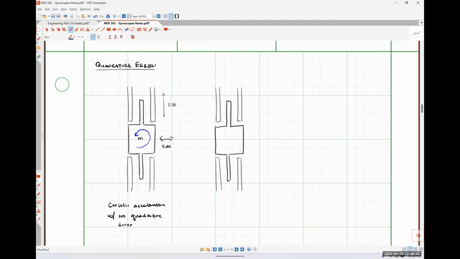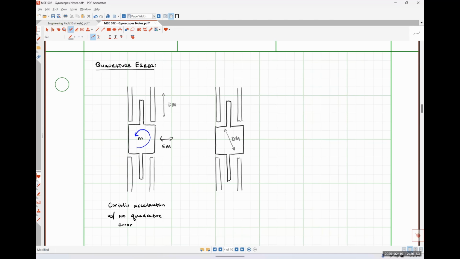What we would expect to see due to the manufacturing error is that our drive mode vibrations wouldn't be perfectly up and down. They might be slightly askew, something like this. Okay.